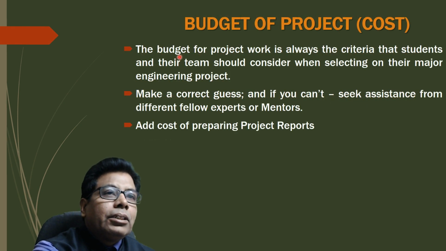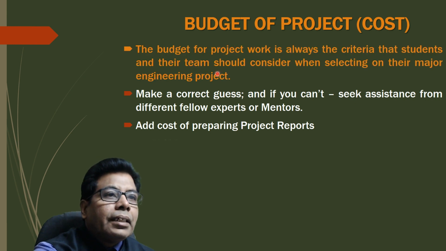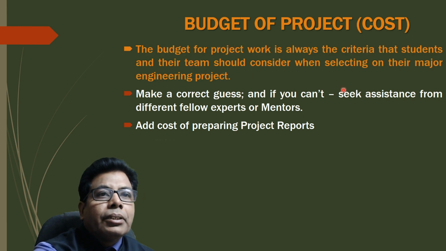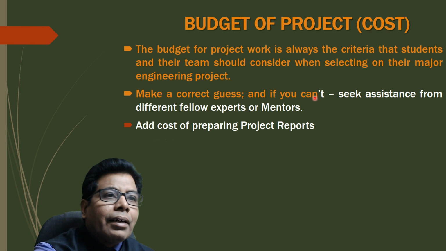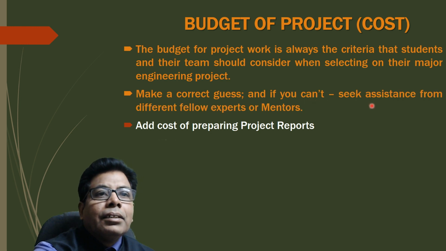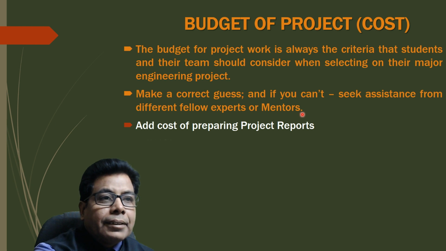Then budget of the project. The budget of the project is always a criterion that students and their team should consider when selecting the project, for a major engineering project. Make the correct guess, and if you can't, seek assistance from fellow experts or mentors.